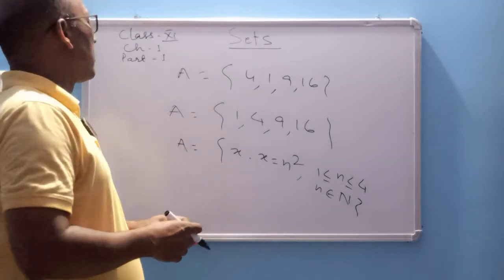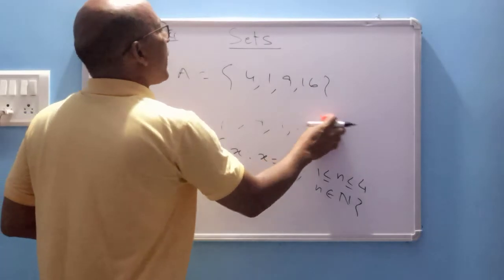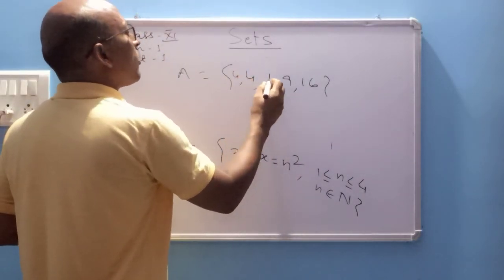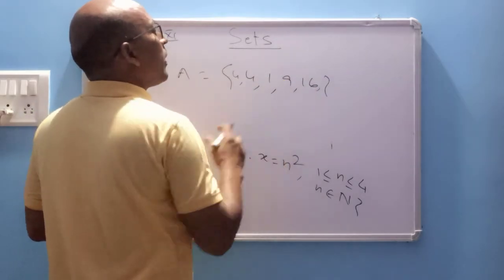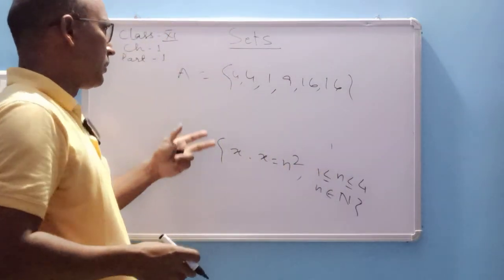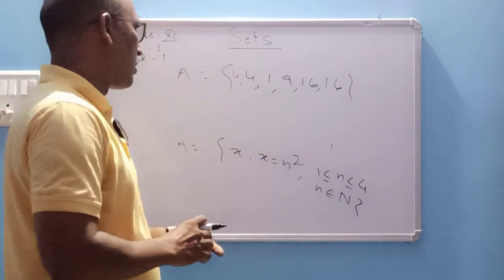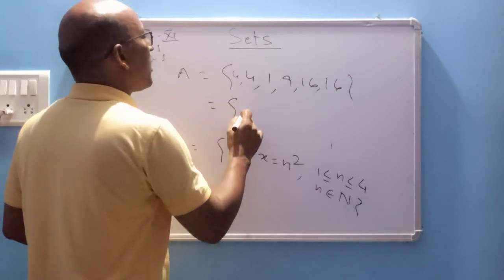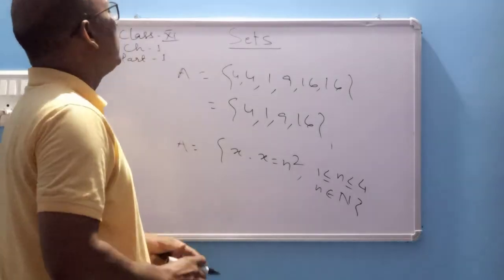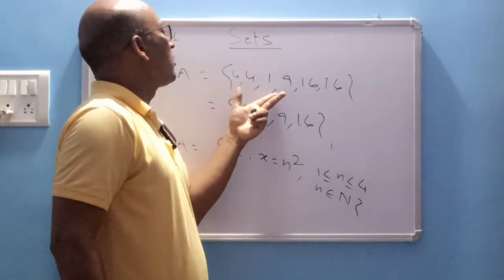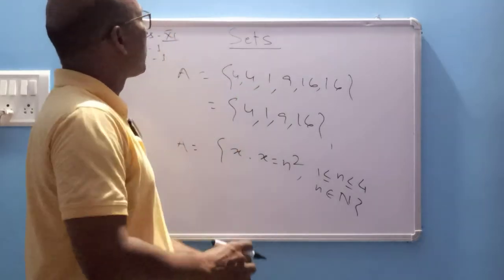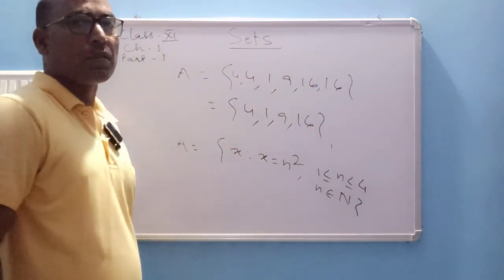And another point is that repeating the objects, for example writing 4, 4, 1, 1, 9, 9, 16, 16, does not constitute a new set. This is the same set as 4, 1, 9, 16. So you don't need to write it twice, repetition is not necessary.